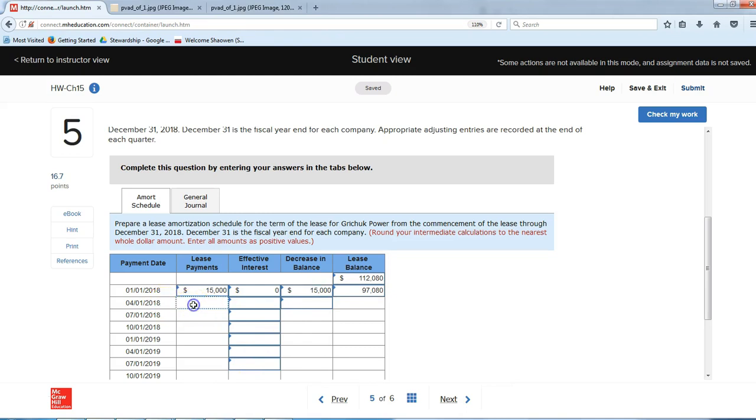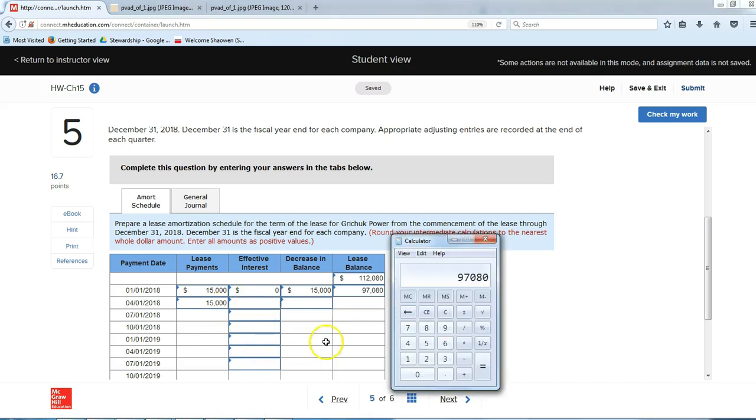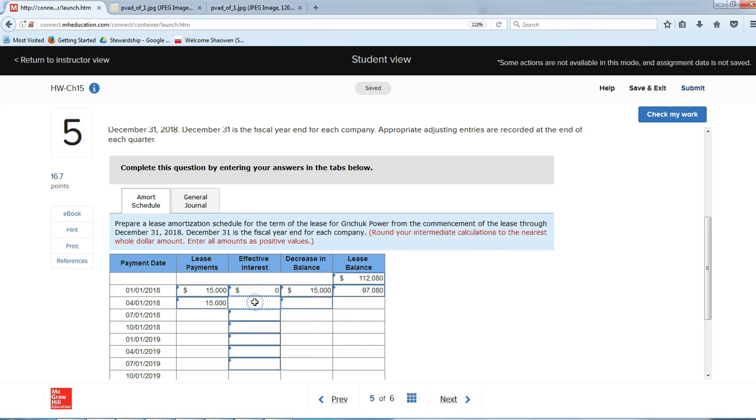After 3 months, they paid $15,000 again. This time there is interest. Interest is based on the previous balance multiplied by the 2% quarterly rate. So interest for the first quarter is $1,942.